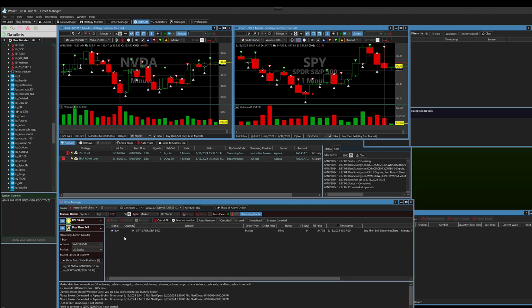The other thing you might miss too are these order blocks. Every strategy is going to generate a new order block when it sends orders to the order manager. You can see I've got two order blocks here. I've got one for this RSI strategy that's going to Alpaca, and another order block for this Tradier strategy that's running up here.